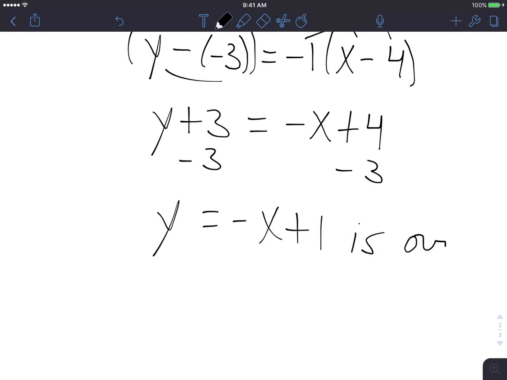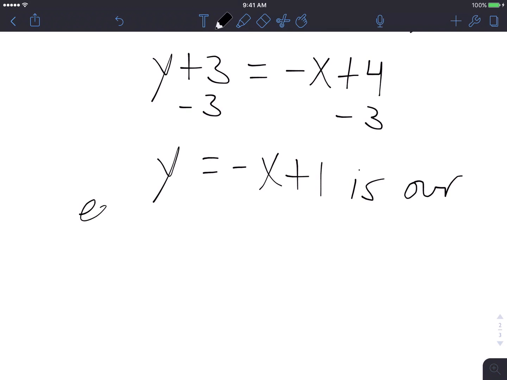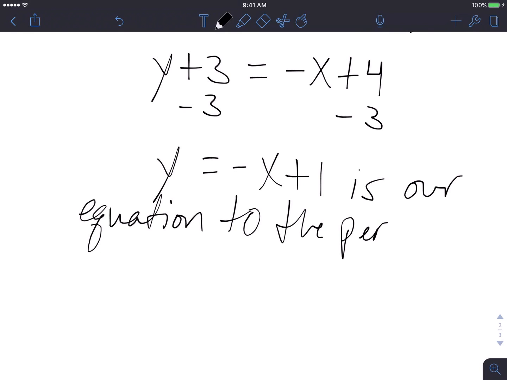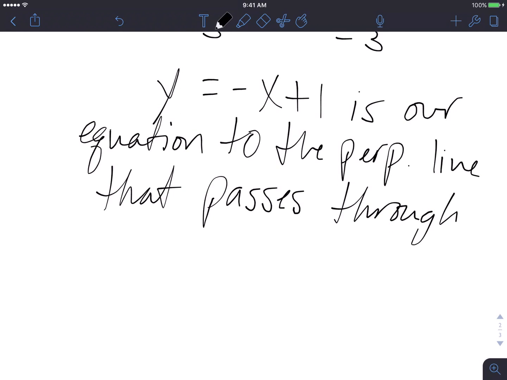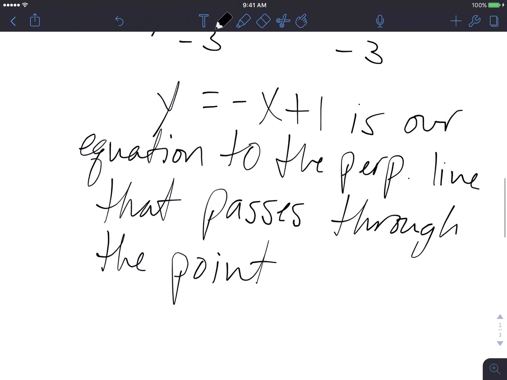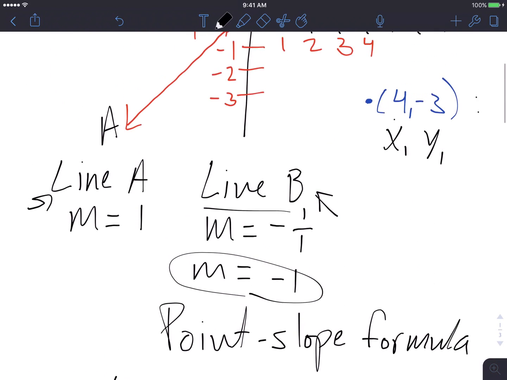This is our equation to the perpendicular line that passes through the point, what was it again? 4, negative 3?